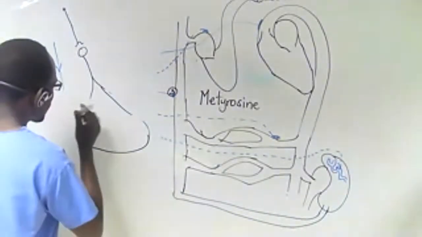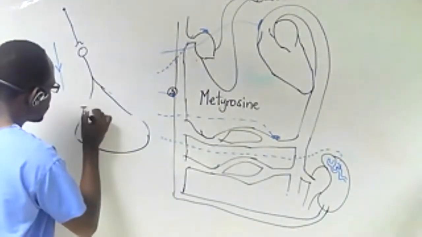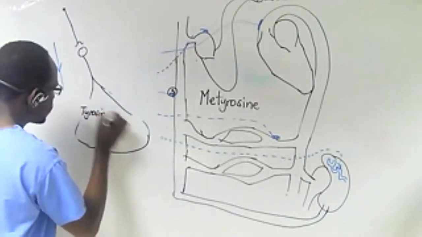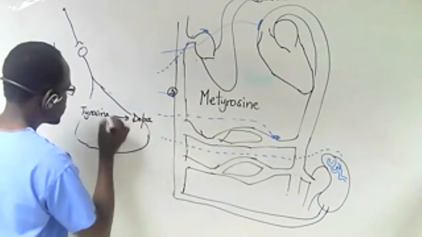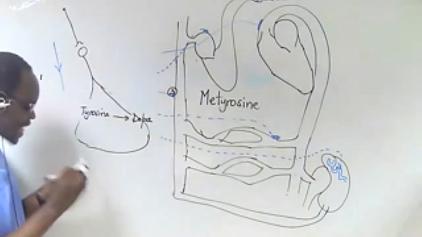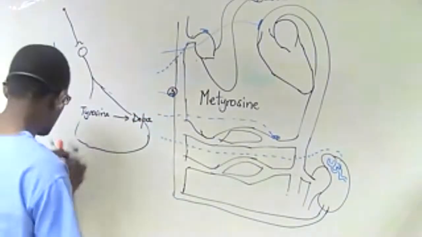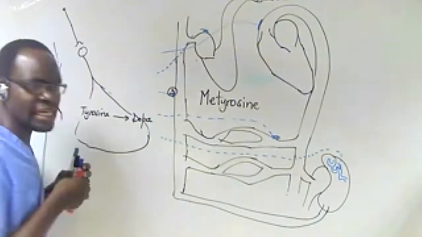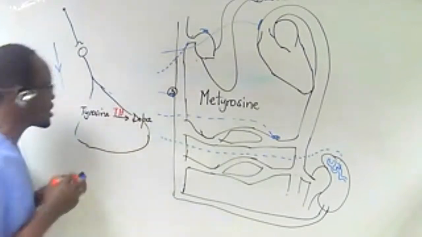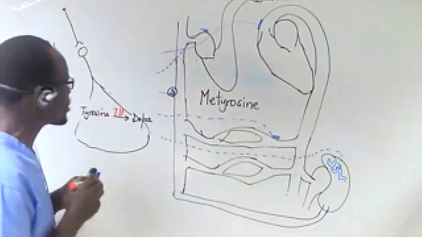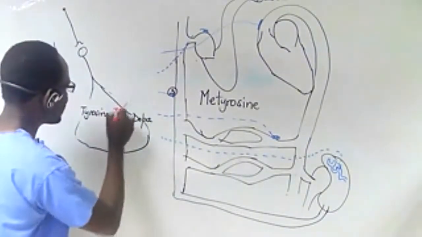So tyrosine to dopa. The enzyme that converts tyrosine to dopa here is called tyrosine hydroxylase. What metyrosine does is that it inhibits this enzyme.